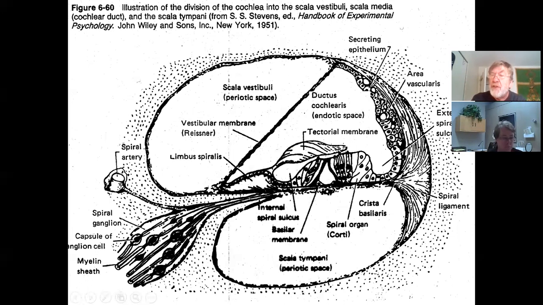Spiral ligament on the right, holding the basilar membrane on this end, and the basilar membrane is the floor upon which the hair cells stand. And then you'll have spiral lamina on the left where my cursor is now, and that's holding the basilar membrane tight from this end. So the basilar membrane separates scala media from scala tympani. Reissner's membrane separates scala media from scala vestibuli.